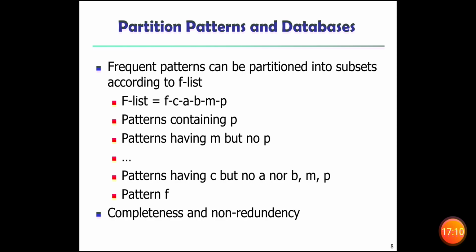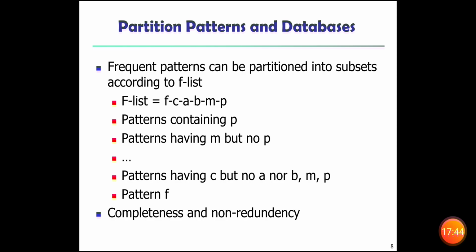The next topic is how we are going to partition the database. Frequent patterns can be partitioned into subsets according to the F list. The F list is the frequent item list, which here is FCABMP, taken from the previous slides. Then, patterns containing P: if P is available, we consider P along with the other nodes.